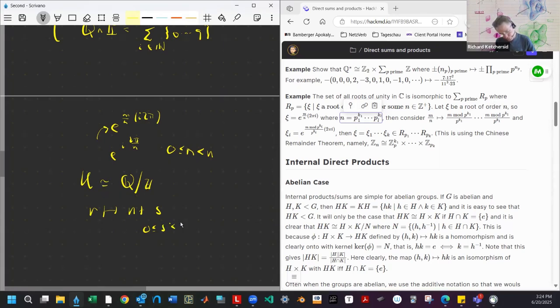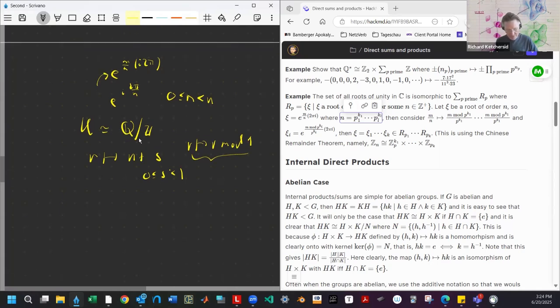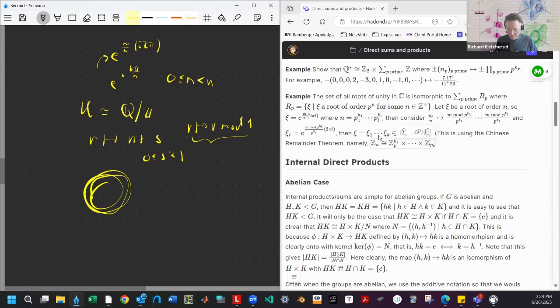So s would be less than 1 like this, right? Sort of like r maps to r mod 1, where now you have to think about what that means for rationals, right? So it's an interesting sort of idea. We're taking Q, right, and kind of wrapping it around the circle over and over. That's kind of what this is doing. And then we can take any number in there and break it up this way. This actually uses the Chinese remainder theorem.